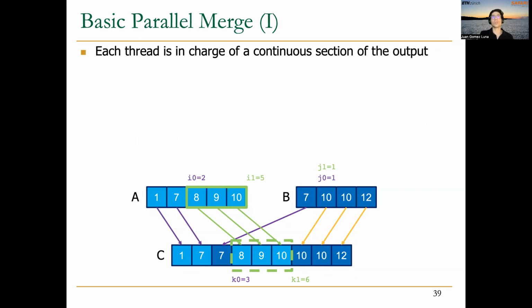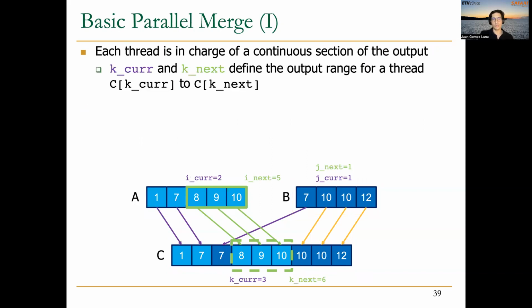Let's go with the basic parallel merge, in which each thread is in charge of a continuous section of the output. So after each thread knows what's the actual partition of the output array, in this case for thread 1, for example, it starts at k core equal 3 and it finishes at k next equal 6.